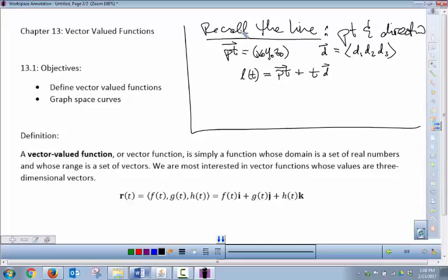And then you could break this up into the different components of the point and the direction. So it's going to be x naught plus d1 times t, comma, y naught plus d2 times t, comma, z naught plus d3 t.